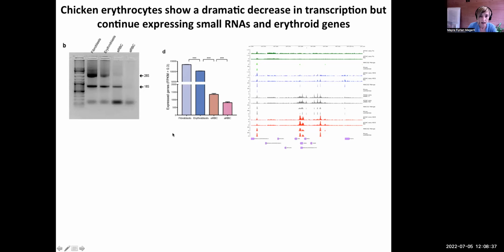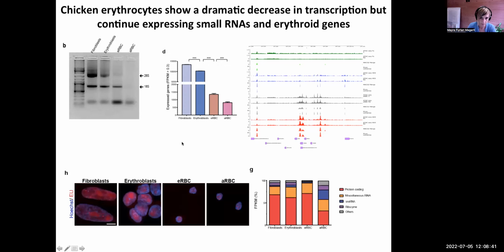When we analyzed all of these different transcripts, first of all, there is still active transcription in the red blood cells, as you can see here by uridine incorporation, because we weren't sure if this was leftover RNA or if there was indeed still active transcription. And you can see here that there is still active transcription in these cells.